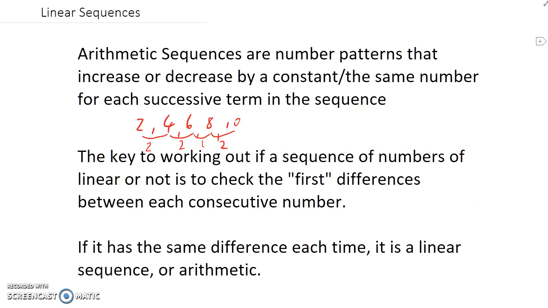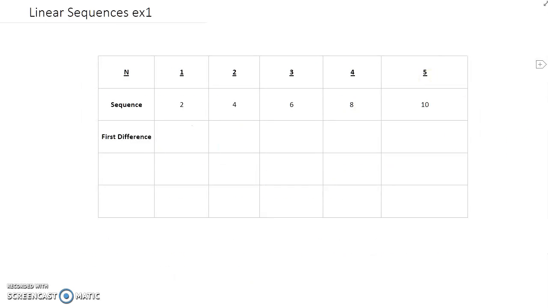So let's look at an example from this. Let's say you were given the sequence of numbers 2, 4, 6, 8, 10. That was the example we looked at. The first thing you need to do is check the first difference, and the reason we do that is to check whether or not it is being increased by a constant number.